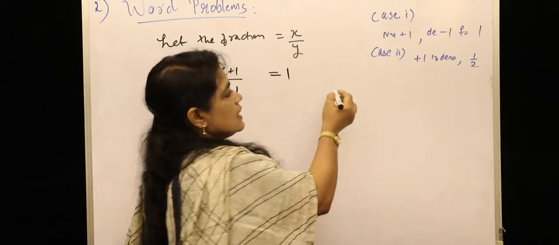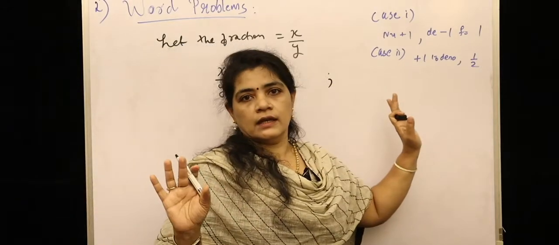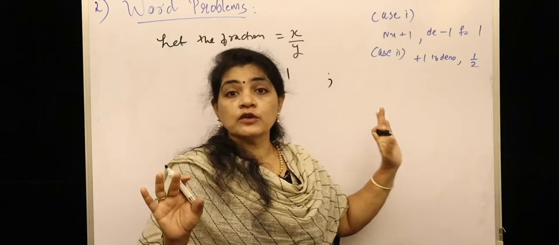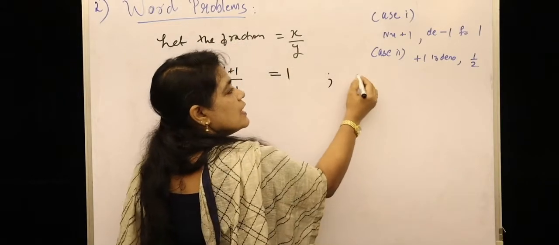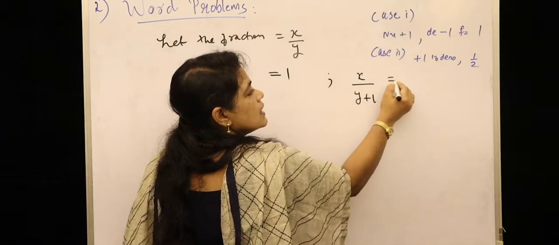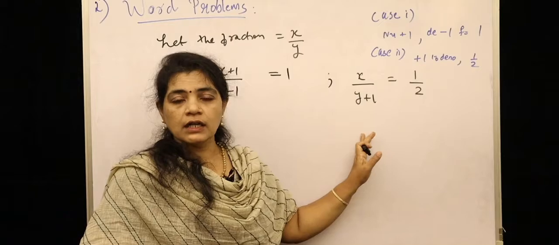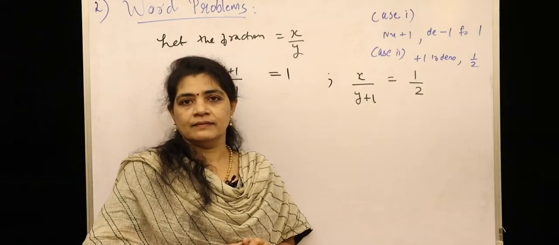In the second case, if we add 1 to the denominator only, there is no change for the numerator. The numerator we have taken as x, and adding 1 to the denominator, the fraction reduces to 1 by 2. This is what we got according to the question.